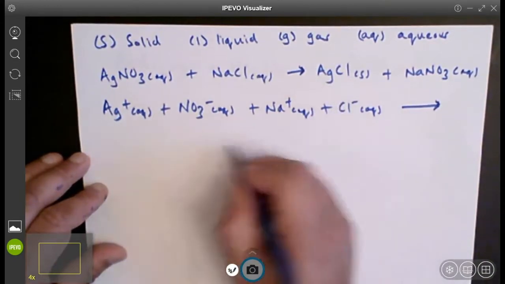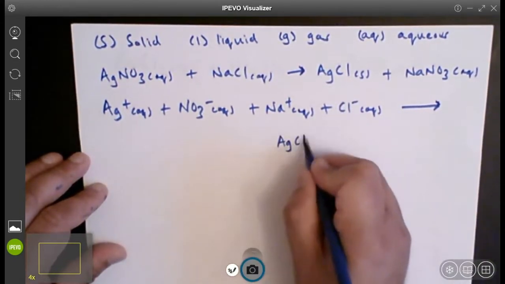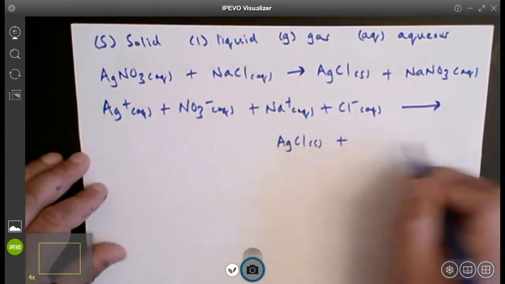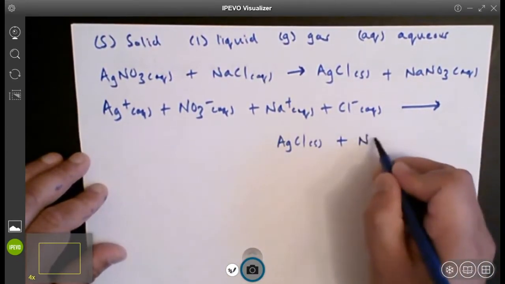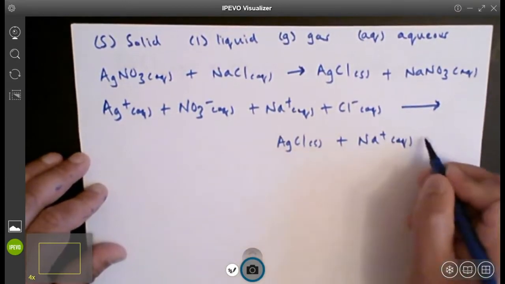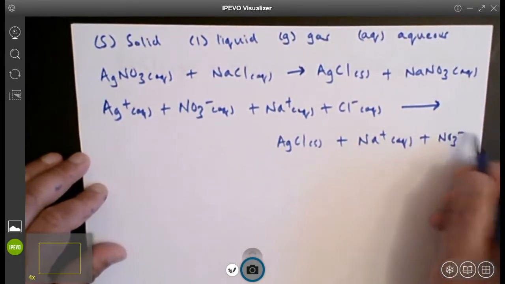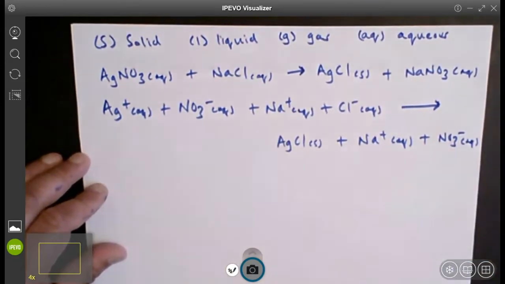AgCl will not break up, that stays as it is because it's a solid, plus NaNO3, which you've got aqueous, that will break up, so you've got Na+ aqueous plus the NO3- aqueous. So those ions now have broken up.